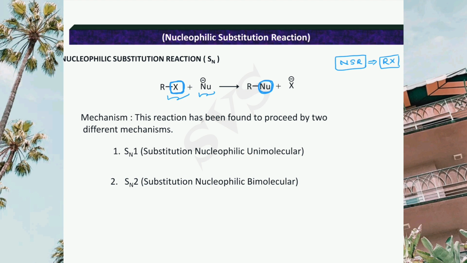Generally, this mechanism takes place in two ways. The first one we are calling SN1, second one we are calling SN2. What do you mean by SN1? S for substitution, nucleophilic, unimolecular. Otherwise we can say unimolecular nucleophilic substitution reaction.